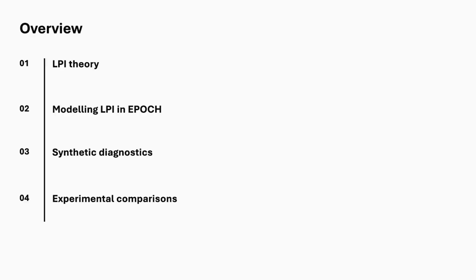I've split this into 4 things. I'll briefly go over what I mean by laser plasma instabilities, because there's not just one. Then how you would go about modelling it in EPOCH. A lot of it will be a repeat of what Stuart's already talked about, but he's given you all the detail, and I'm showing how I would use some of that detail.